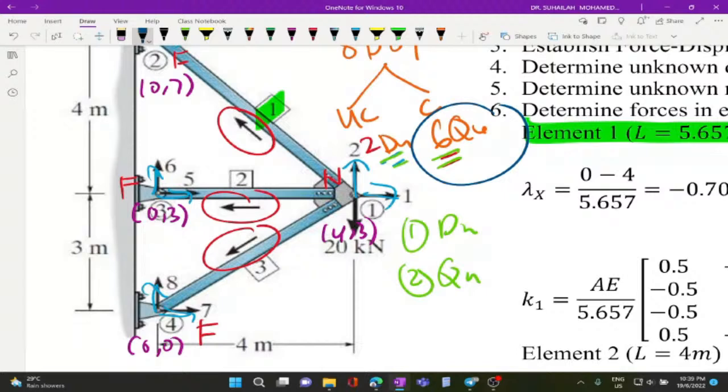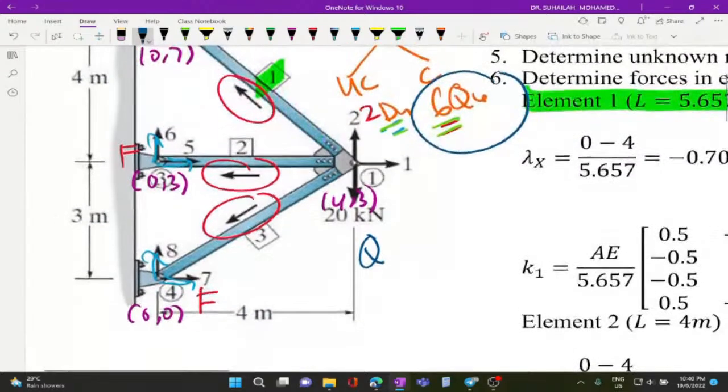Always remember that for degrees of freedom, we have to look at both forces and displacements. That means we have 8 Q, and we have to know what Q1 represents, what Q2 represents, until Q8.